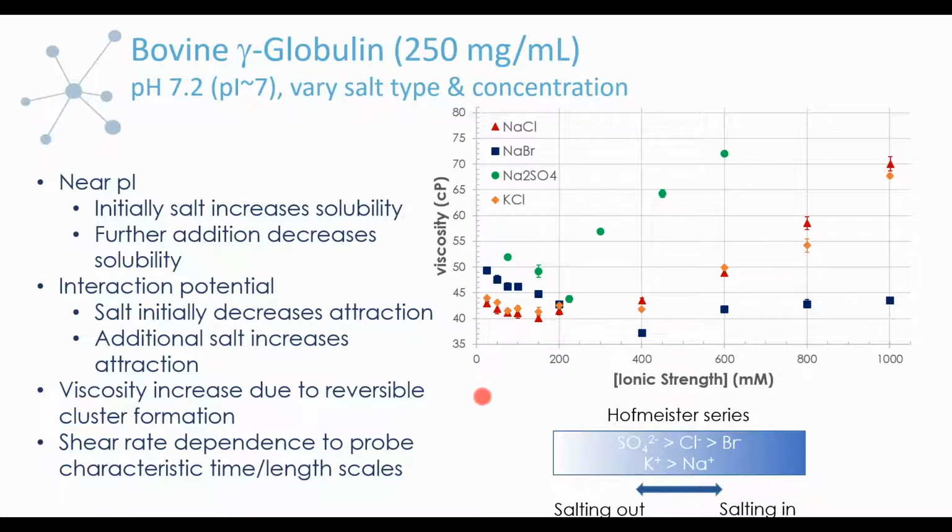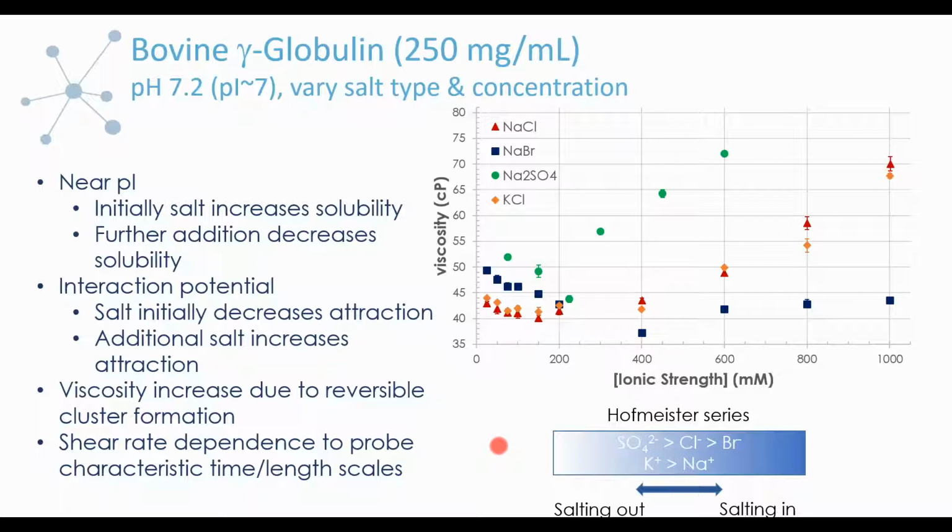And the thought is that the salt initially, from a qualitative perspective, decreases the attraction, which promotes the salting in, and then further salt addition would increase the attraction, which then promotes the decrease in solubility and the increase in viscosity.